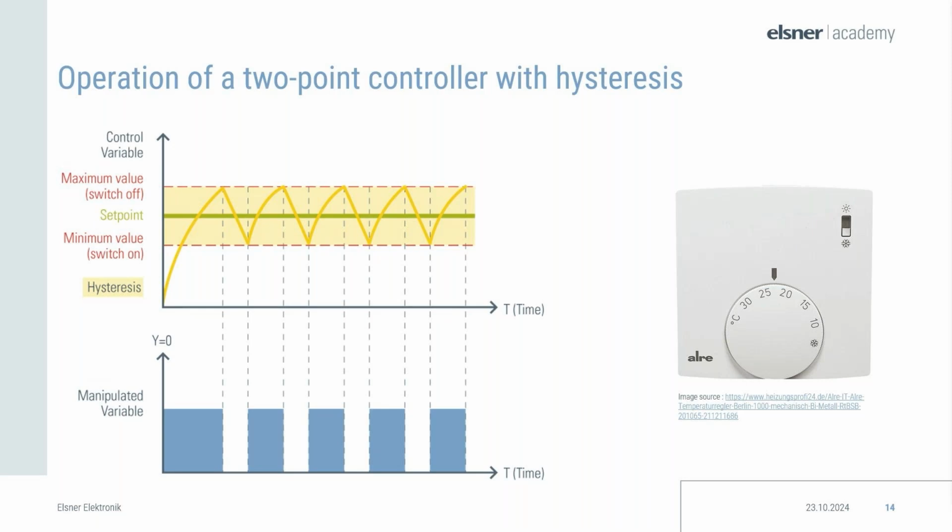That's what is meant by a hysteresis of plus minus 1 degree. So if our set point is at 25, the lower hysteresis is 24 degrees, minus 1 degree from 25, and the top part of the hysteresis is 26, plus 1 degree from the set point 25.